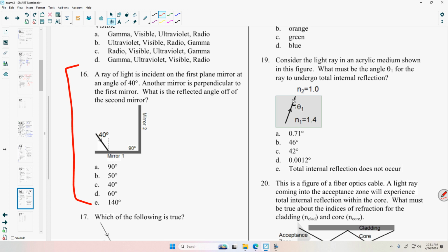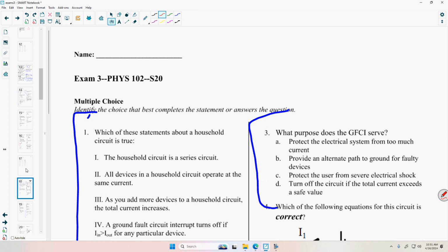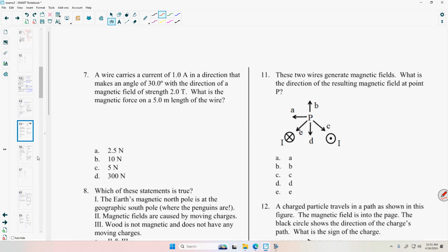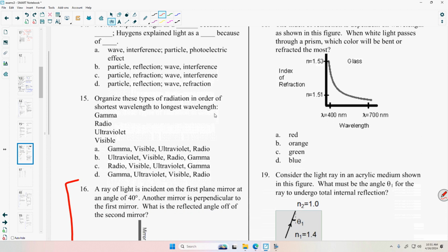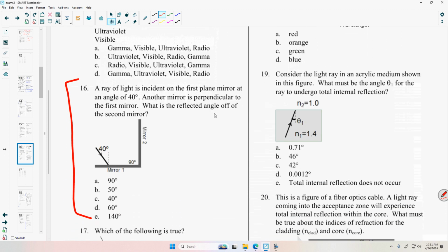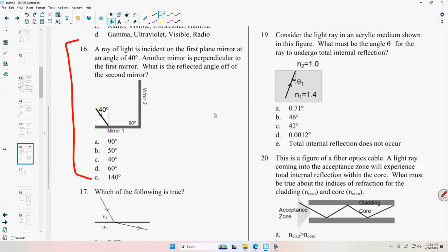Like number 16, there's an angle question. Yeah, you'll definitely have one like that. Is that really the only mirror problem that I gave you? I'm looking at your exam for tomorrow. Yeah, that's the only one regarding mirrors.